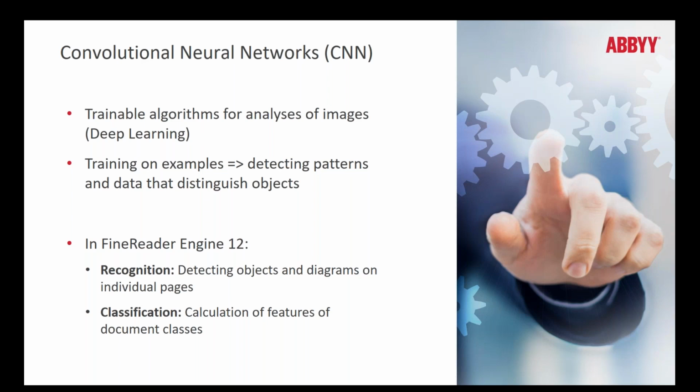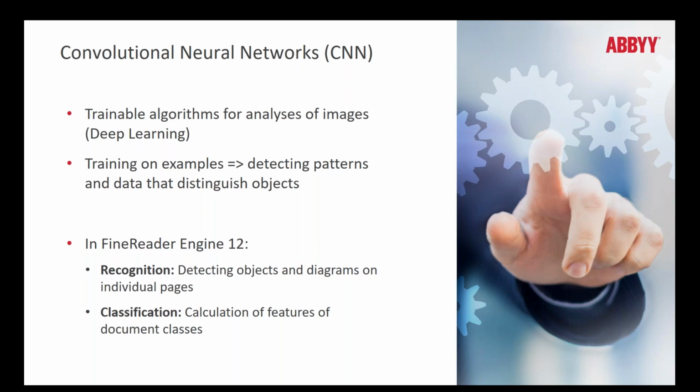First, during the recognition steps, or even before the recognition, the technology needs to decide what are objects, diagrams, and pictures on a page, and what is the actual text, because only the text will then be recognized and extracted. And this is already a kind of classification step on the page. If I'm the algorithm, I need to classify the content of the page into images, into diagrams, and into text. And this is where we use the convolutional neural network.